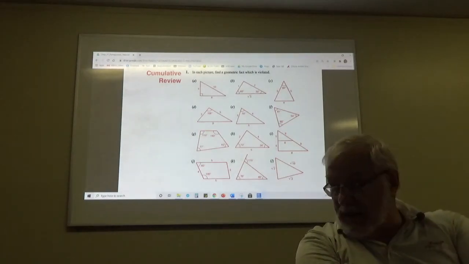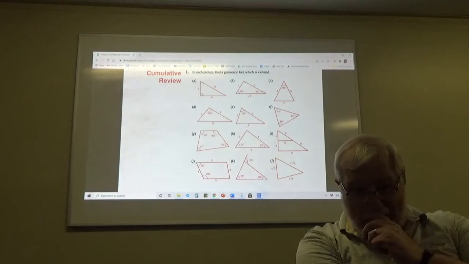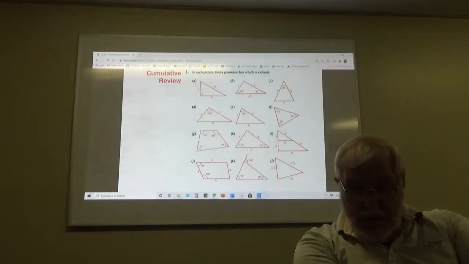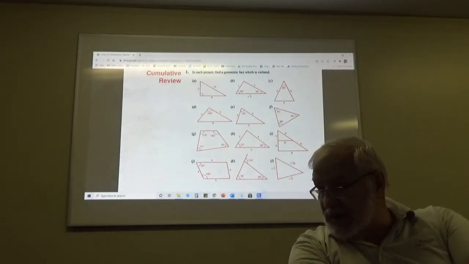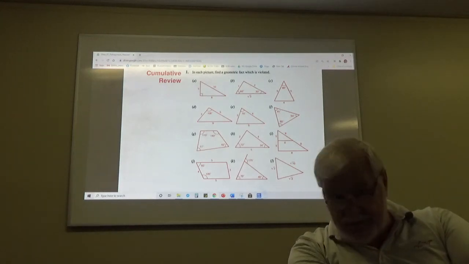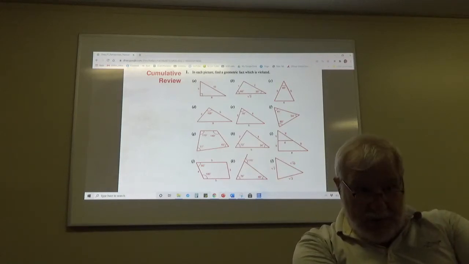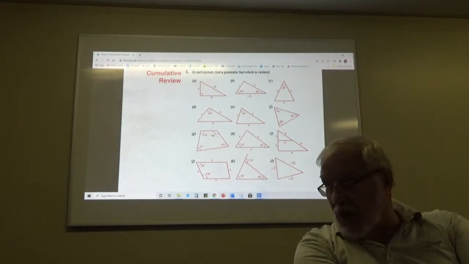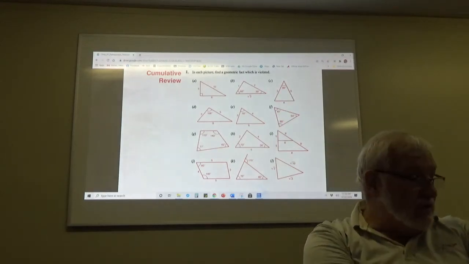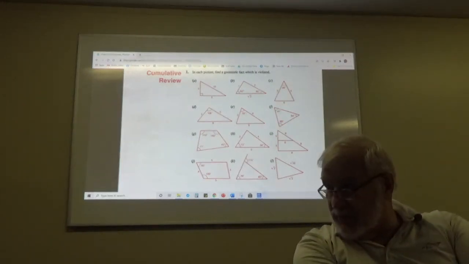Now B. This is the one Abby had. In a 30, 60, 90 right triangle, the 30-degree angle is half of what? The hypotenuse. In problem B, the side opposite the 30-degree angle is 1. That means twice that, or 2, has to be the hypotenuse.